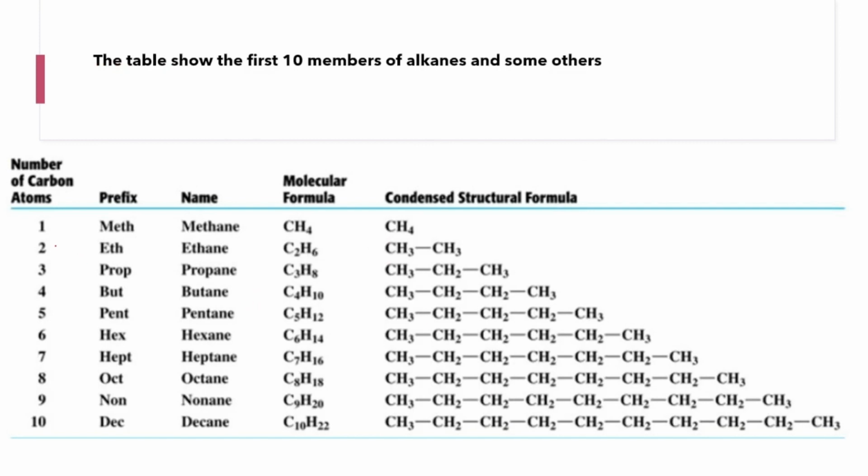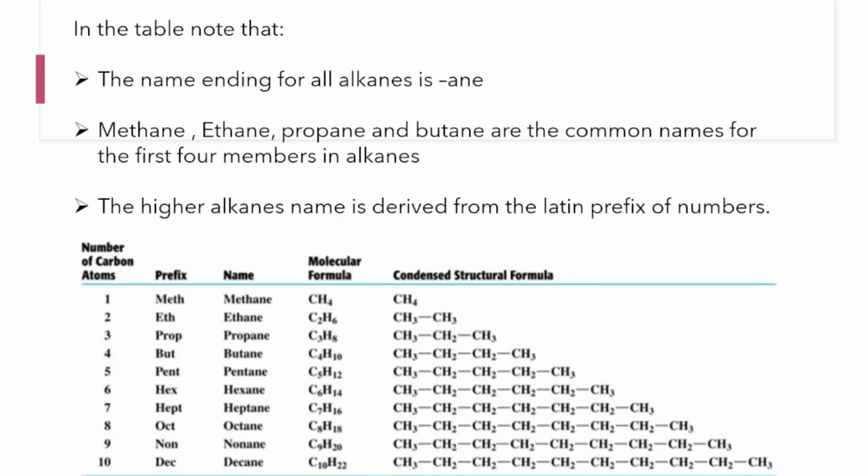Here in this table we have the alkane with one carbon called methane, the alkane with two carbons called ethane, and of course you can notice here that all the names of the alkanes end with -ane. Methane, ethane, propane, and butane are just common names for the first four members of alkanes.